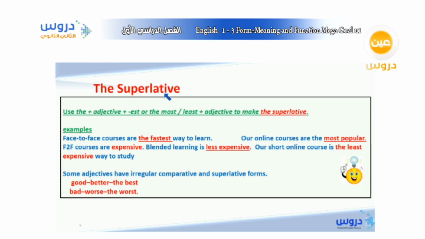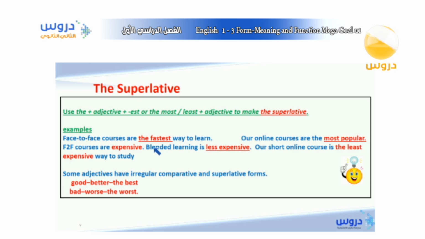Now we will talk about the superlative. We finished talking about comparative. Now we will talk about the superlative forms. Now use the adjective plus est or most or least plus adjective to make the superlative form.